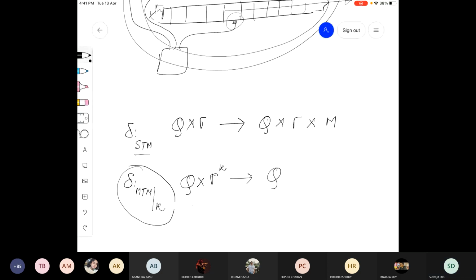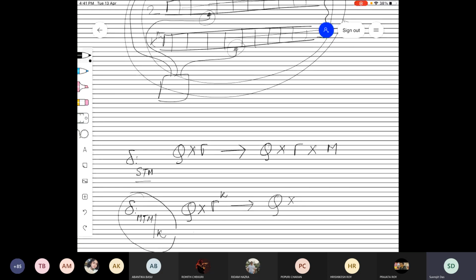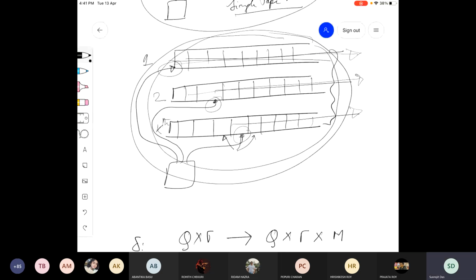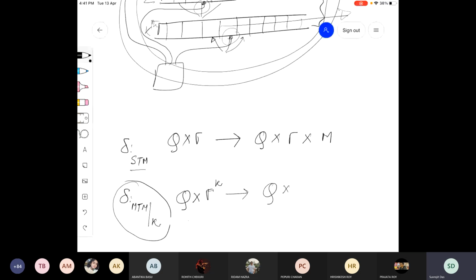And for each such tape I can have 3 different movements: I can go left, I can be stationary, I can go right. So what I do is I take this tau cross movement and raise it to the power k. Got my point?